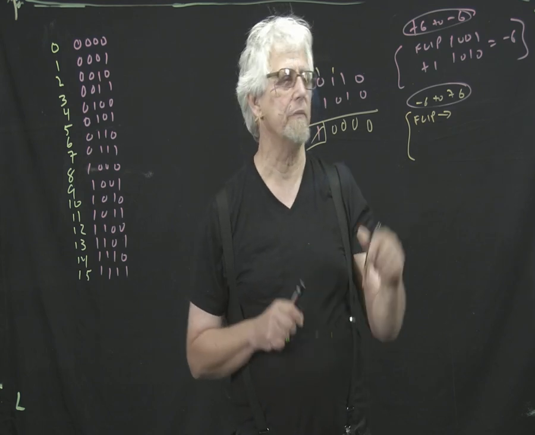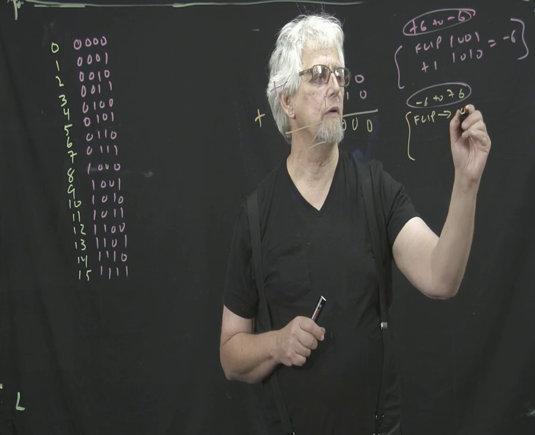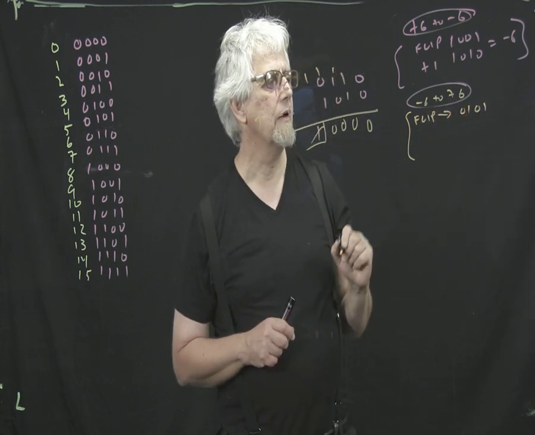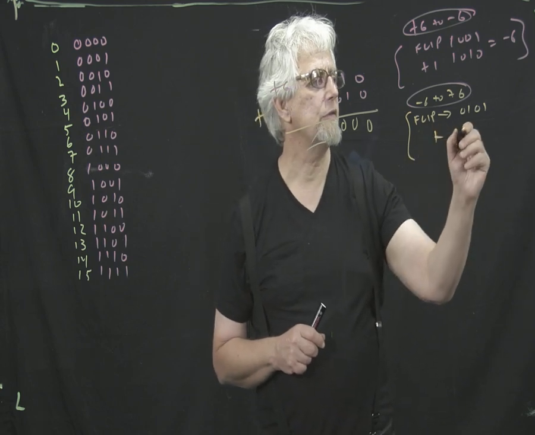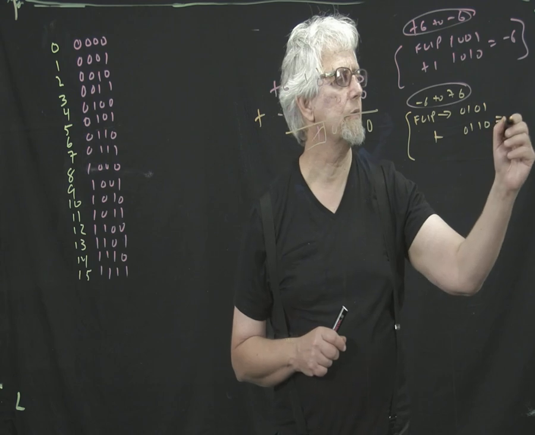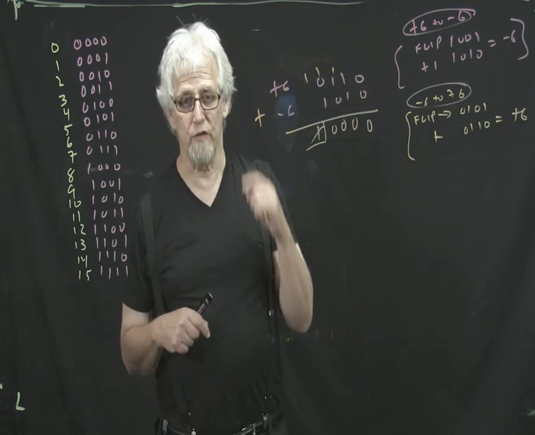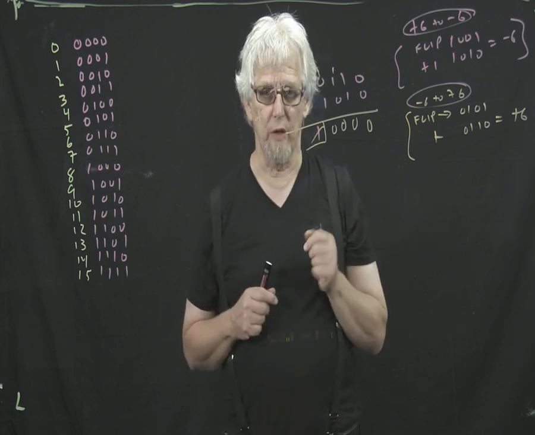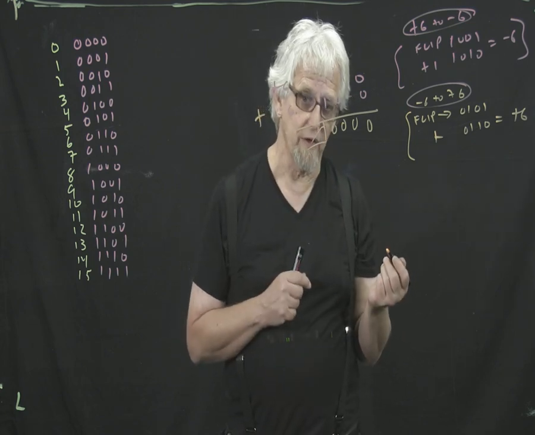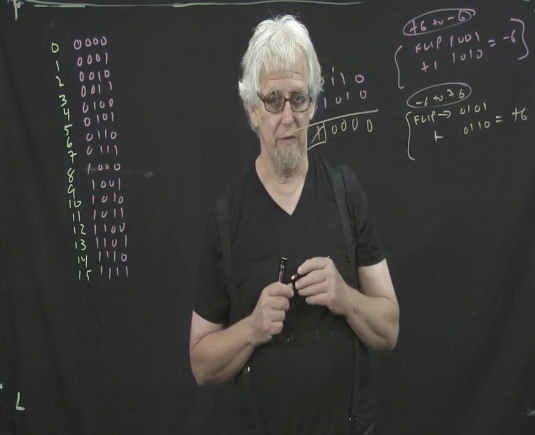We flip it, we got 0, 1, 0, 1. Plus 1 goes to 0, 1, 1, 0. And that's equal to plus 6. So that operation of flipping and adding 1 to negate a number works whatever we started with. With a plus number, we get a minus. And if we start with a minus number, we get plus.